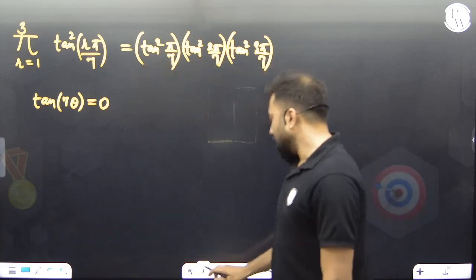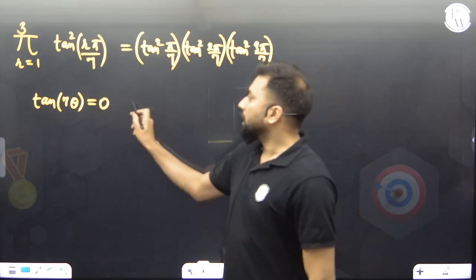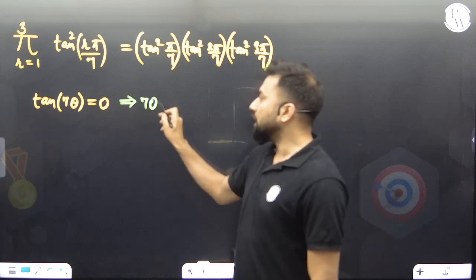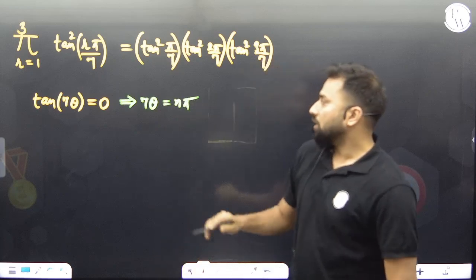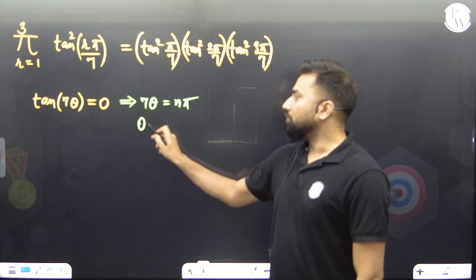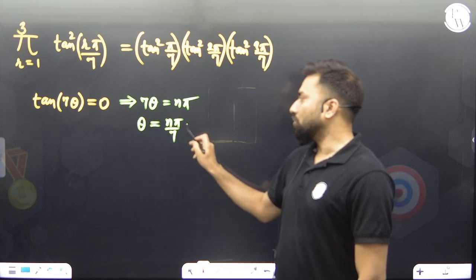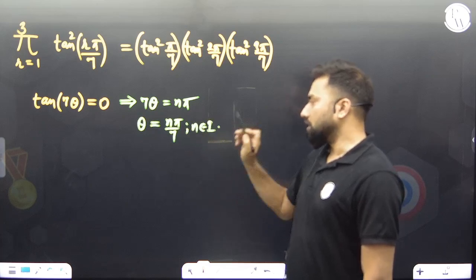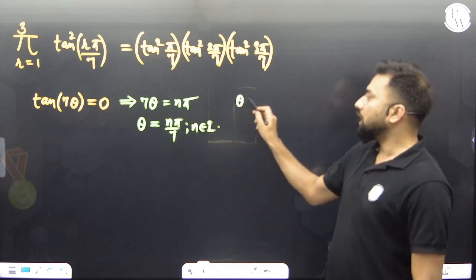So this equation will have solutions if 7 theta is equal to n pi. A particular solution is theta equals n pi by 7, where n is an integer. If you put n equals 0, you get theta equals 0.